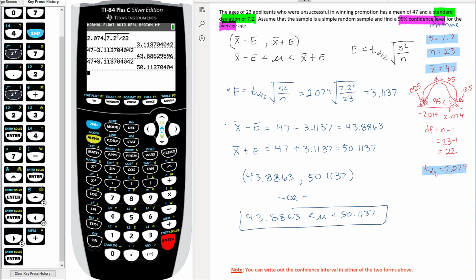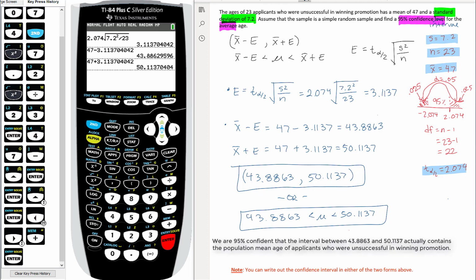So this would be your confidence interval, any one of these two. And if you wanted to interpret, you could say we are 95% confident that the interval from 43.8863 to 50.1137 actually contains the population mean age of applicants who were unsuccessful in winning promotion.